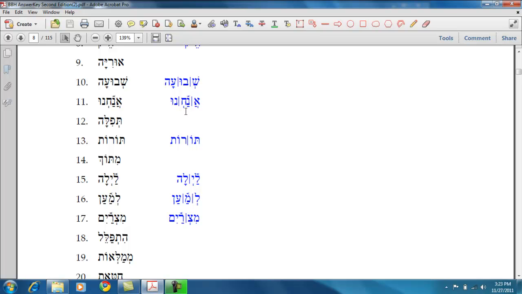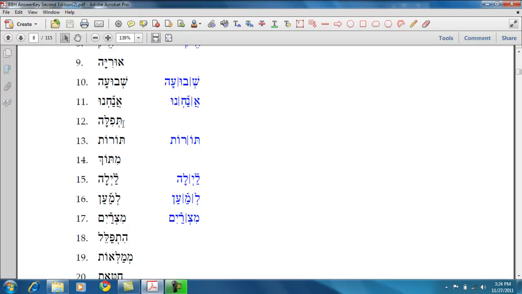Because remember, gutturals can take a Shava, but it's always non-vocal. It's never vocal. Resh is the only one that takes a vocal shava. And then we have nu. So we have consonant vowel, consonant, and then consonant vowel. So anachnu.